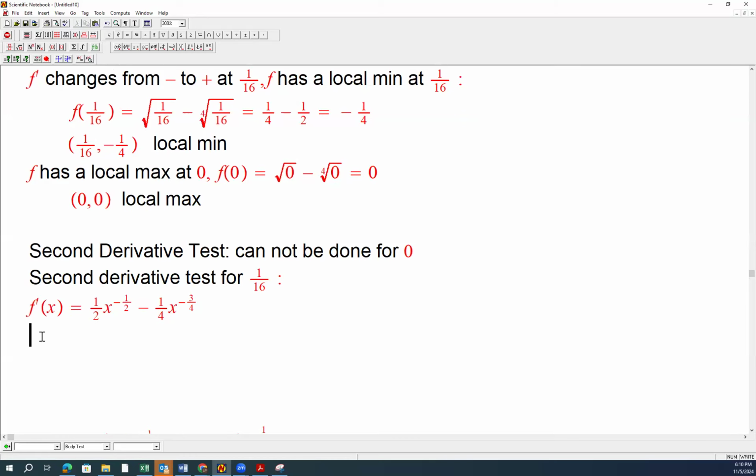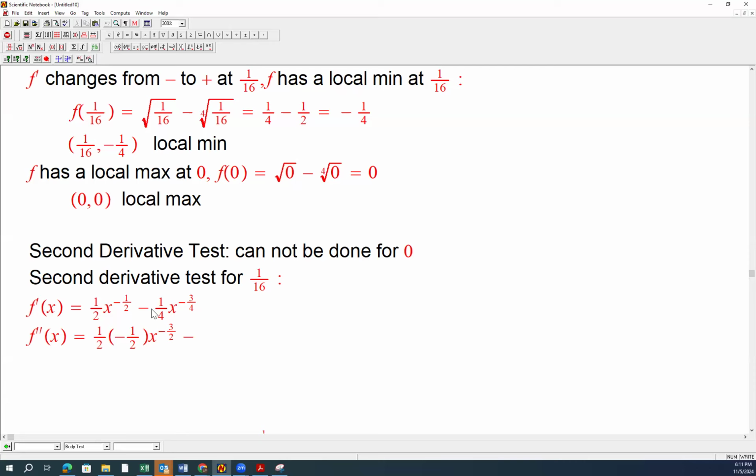Oops, sorry, x equals 2. We just continue to use the power rule. For this piece, we have half, then -half, and x raised to the power of -half minus 1 is -3/2.